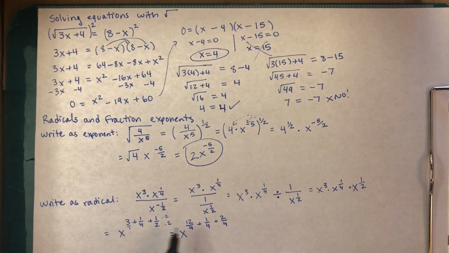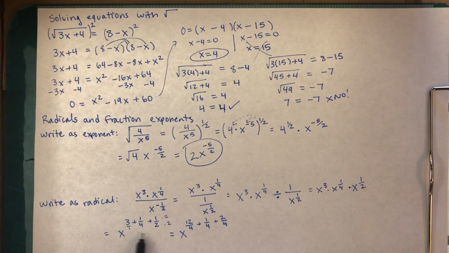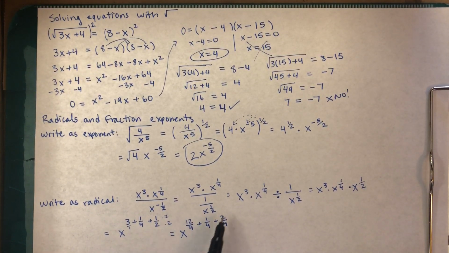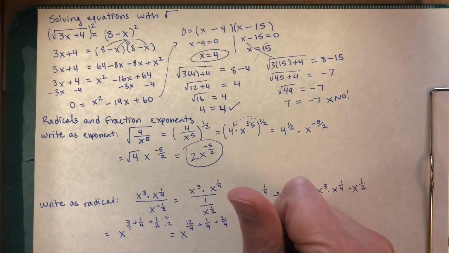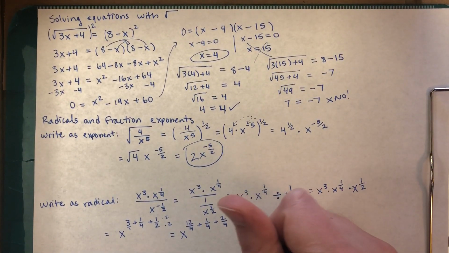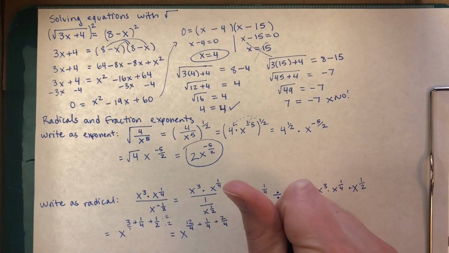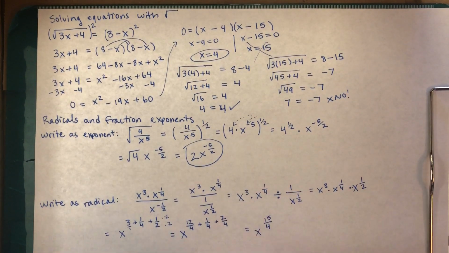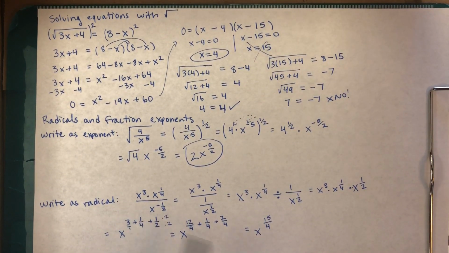So 3 turned into 12 over 4, 1/4 I keep, 1/2 turns into 2 over 4. So now these 3 pieces that I'm adding together all have a common denominator. 12 plus 1 plus 2 is 15 over 4. So now I've taken this expression and I've written it so it just has one exponent.